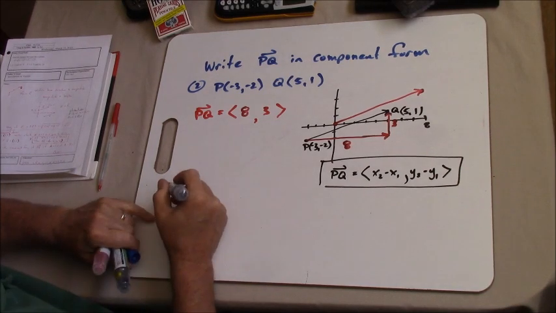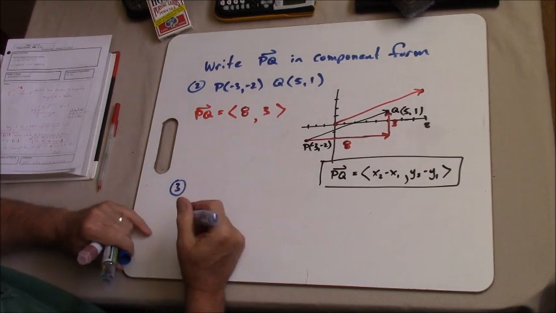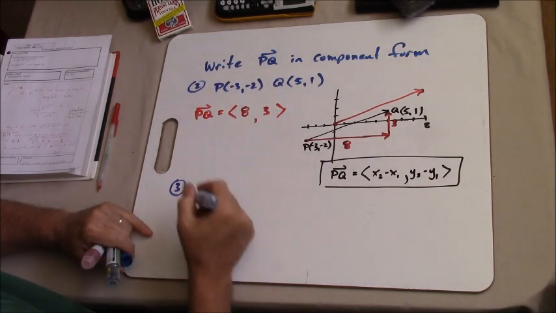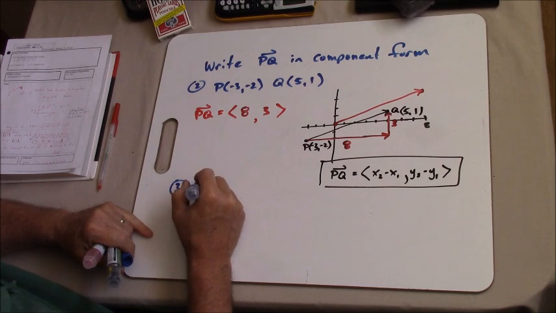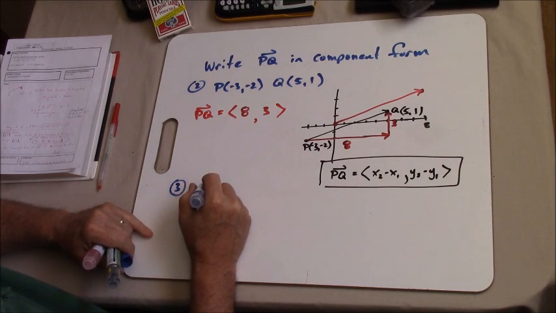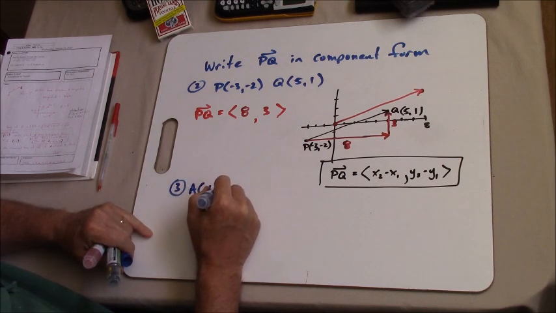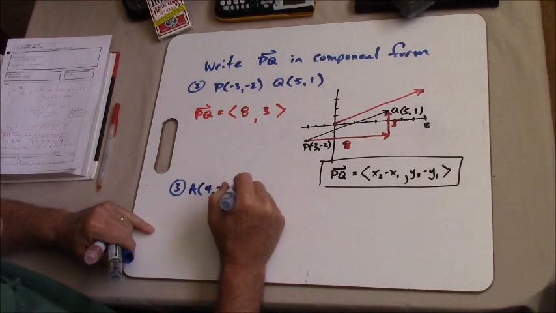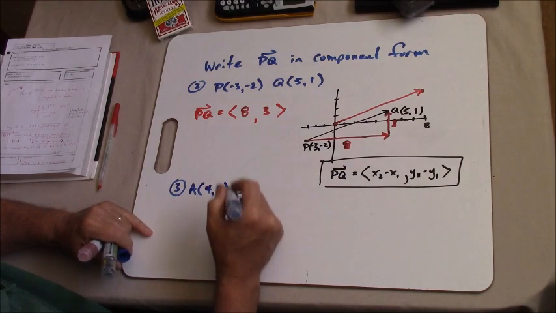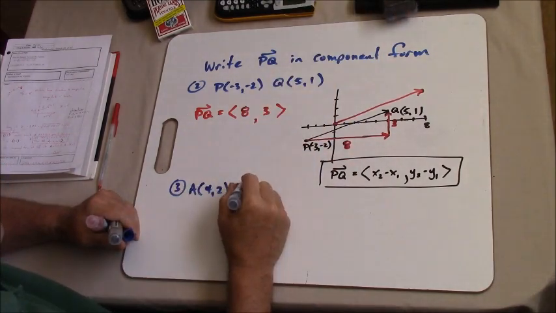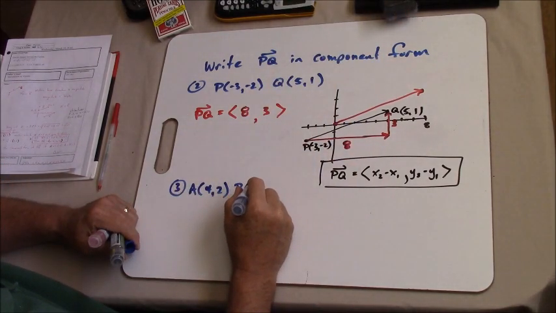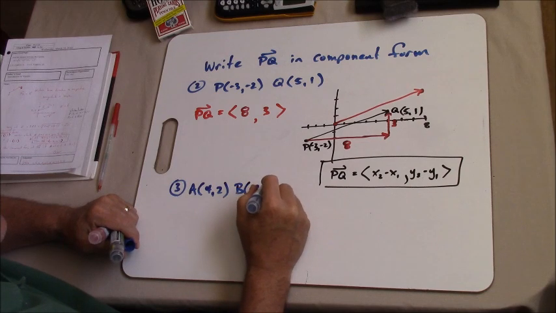So let's try this one. We still want to write our vector in component form. This time I've got A, which is at 4 comma 2, and B, which is at -3 comma 5.